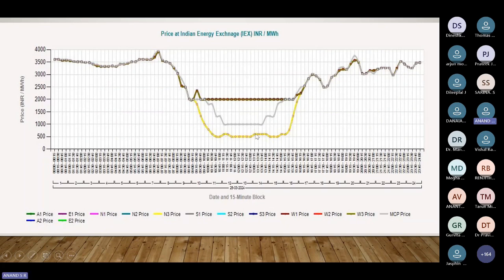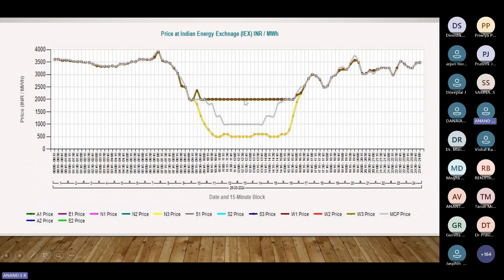The requirement of power is much less. They don't have any way to utilize that power. So the generators were not given any schedule by the states. So the generators had to generate, so they were reducing the price. So they were operating at a very low price.